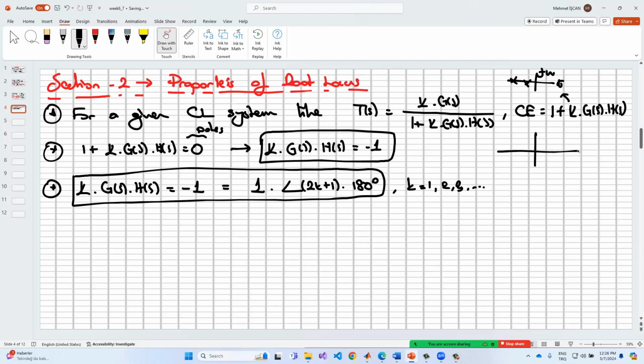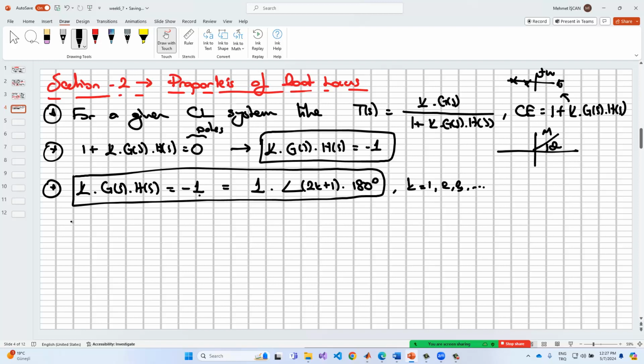Just remember that in the vector notation we have the magnitude and the theta value, and if we change the k value based on the equals to minus 1, we can select the proper values of k. But this is the magnitude, and the other terms come from the degree values. In degree values we can generate the minus 1 based on these equations.